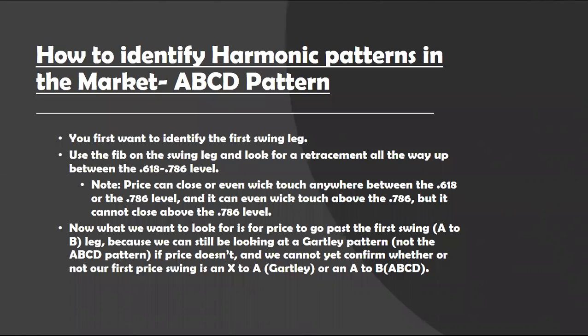That difference is why we have to wait for a couple of rules to play out. If price doesn't pass the B point, then we cannot yet confirm whether our first price swing is an X to A, which will mean we have a Gartley, or an A to B, which will mean we have an ABCD pattern.